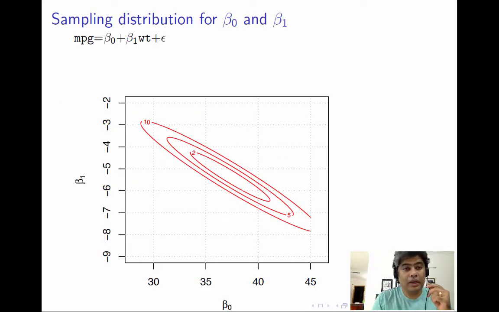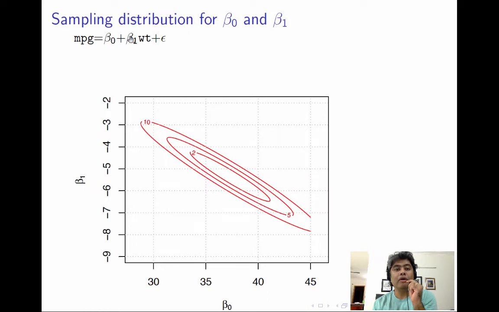Now let us try to understand what the sampling distribution of beta naught and beta 1 really means. Let's consider a very simple model, miles per gallon as a function of beta naught plus beta 1 times weight plus some error.